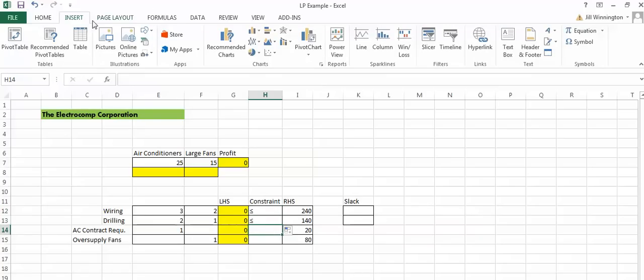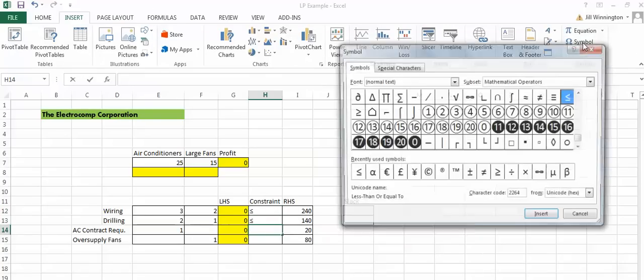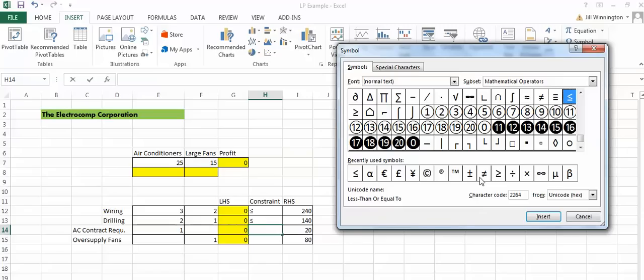And then I'm going to go back up to my symbol and put the correct sign, because they have a contract for air conditioners and they have to produce at least 20 air conditioners. So I want the opposite sign to go in there.